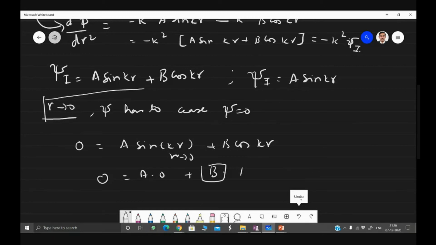So it will be a simple sinusoidal function in region 1. The wave function of the deuteron in region 1 is simply given by a sinusoidal expression A sin kr.